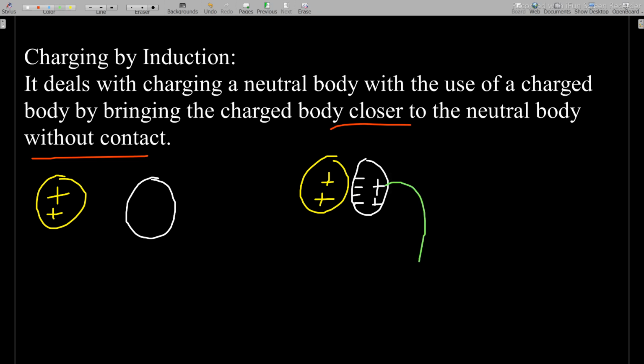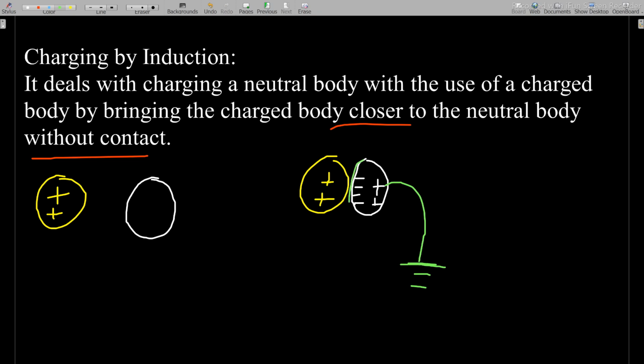You ground the neutral body that you want to charge to the earth. In doing this, since the negative charges of the neutral body, on this left side, are attracted towards the positive charge, they will be held at the surface of that part.